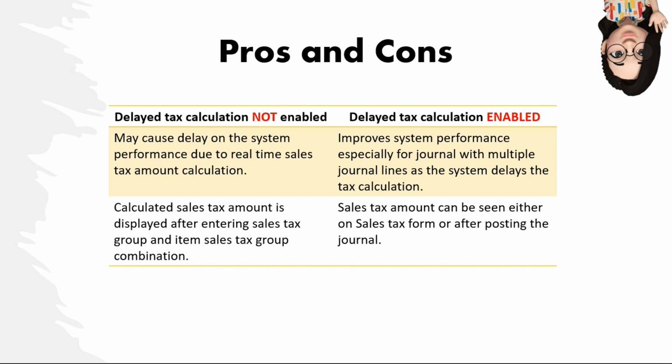It would not be displayed in real time. Instead, you need to go to the sales tax form to see how much has been calculated by the system as the sales tax amount, or you need to post your voucher, post your journal, to be able to see the calculated sales tax amount through the vendor invoice or journal form, as well as through the voucher.